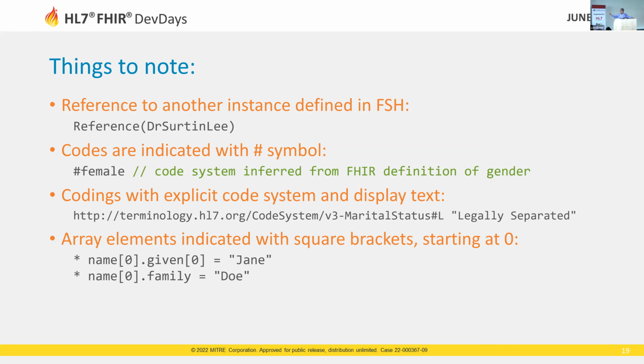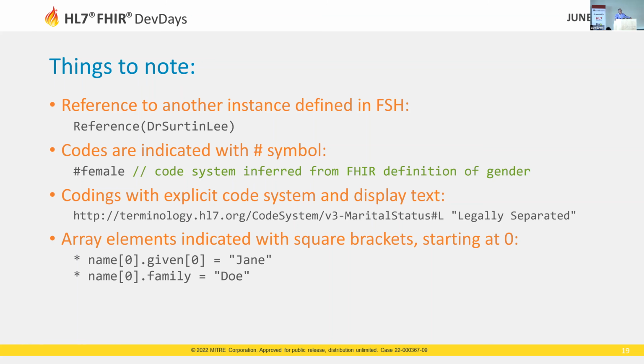The way you'd state that is by giving the code system and then the pound sign, and then the code, which is L for legally separated. It's just a one letter code. So if you're doing a codable concept, that would be one way to populate the codable concept, if you're familiar with that. It's a coding.